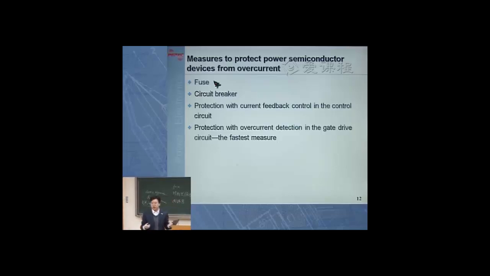And the fuse takes even more time because the principle of a fuse is based on thermal trip-off. When the current going through this fuse exceeds a certain level, the heat generated by that current will cause the fuse to trip off. And you know, it always takes time for this heat to accumulate and trip off the fuse.